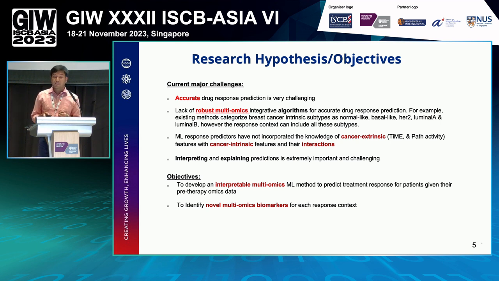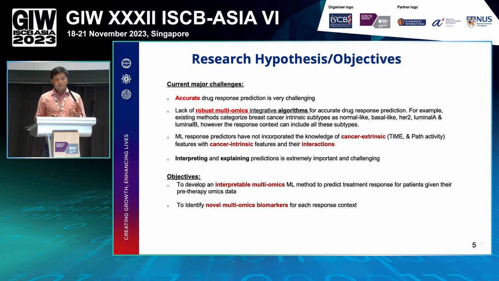So it's very hard and challenging to tackle different response subtypes. And the existing multiomics methods use different omics levels, but they hardly include cancer extrinsic features, like tumor immune microenvironment and pathway activity levels. They also exclude interactions, because in multiomics, we think the features are always connected in a network. And interpretability is very challenging in terms of multiomics features.